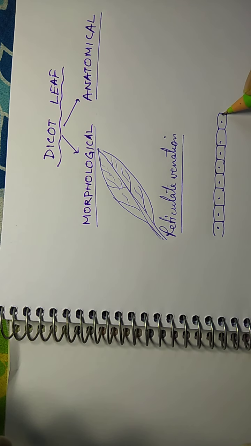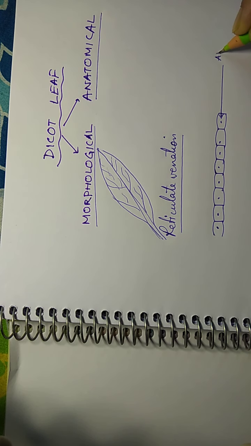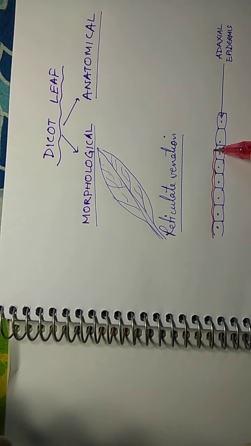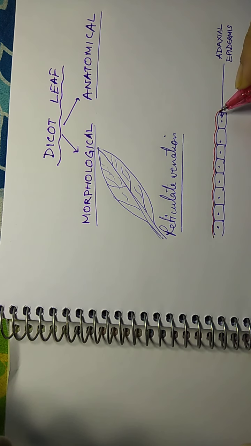This layer is actually an epidermal layer, which is also called the adaxial epidermis. Generally, the leaf is covered by a waxy covering, which is called the cuticle.